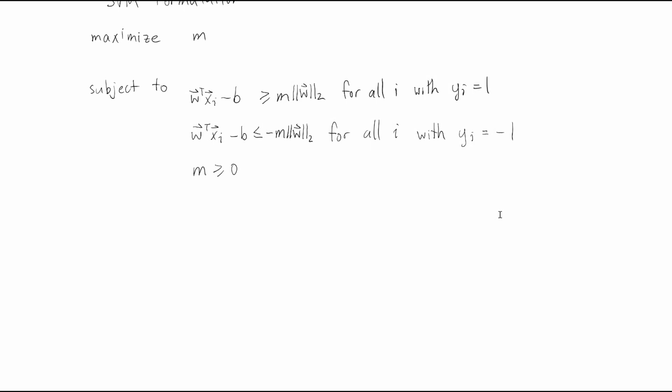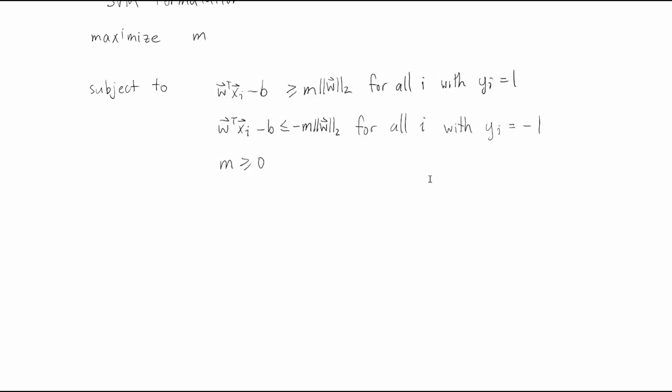Okay, and then now moving everything up. Okay, so we can actually simplify things a little bit. So we're going to take a look at the first two statements. I'm going to make a bit of room here. So for the first statement, I'm going to do something really silly. I'm going to just say, okay, let's do 1 times this thing, W transpose Xi minus B is greater than or equal to M 2 norm of W. And for the second part, I'm going to multiply both sides by -1.